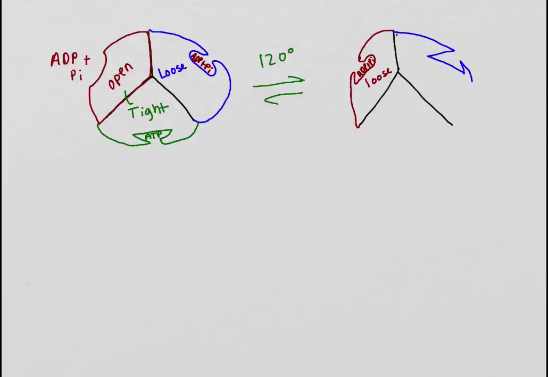a tight site. And now, of course, ATP has been made there. And then the tight site becomes an open site.